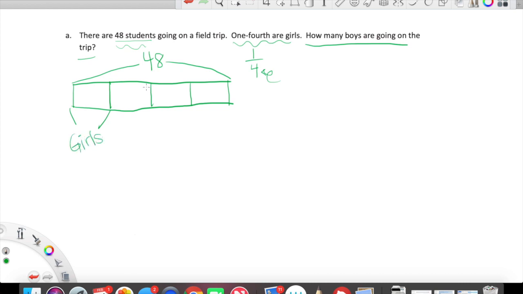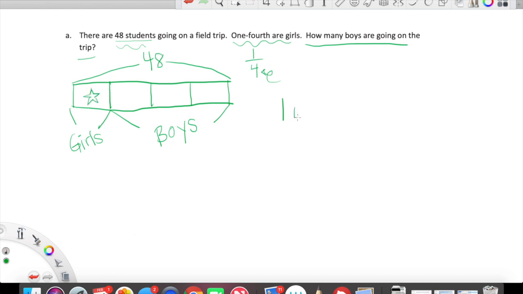So we have 48 kids. 1/4 are girls. So then you guys can see the 3/4 are boys. And we want to know how many boys are going on this darn field trip. First, we need to figure out, how many girls are going on the field trip. Girls represent 1 unit.